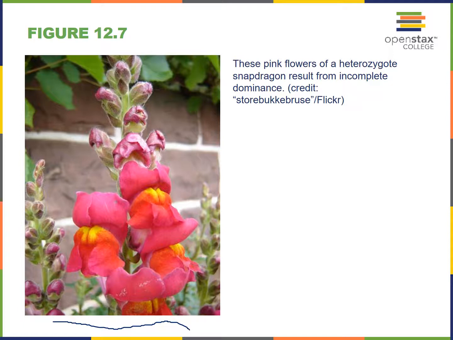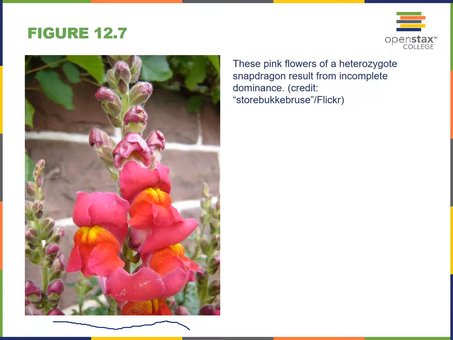In incomplete dominance, the heterozygote is a blend of the two homozygous. Or another way to say that is that an individual that has two different alleles will display an intermediate phenotype between the two homozygotes.